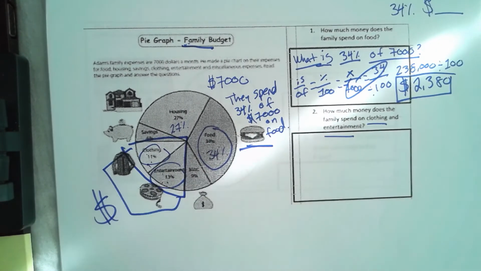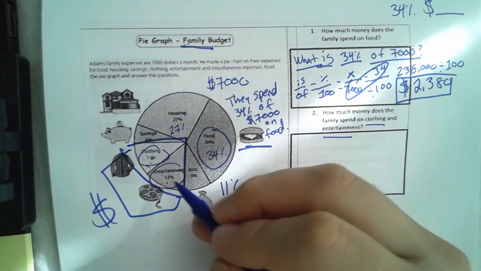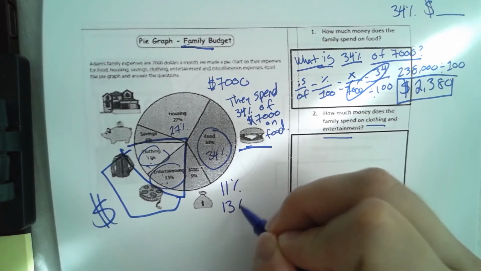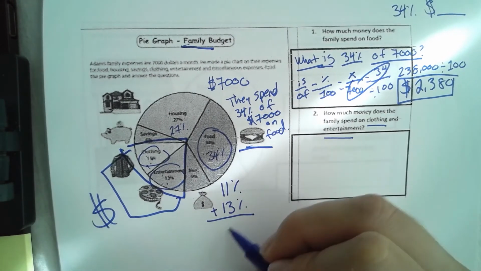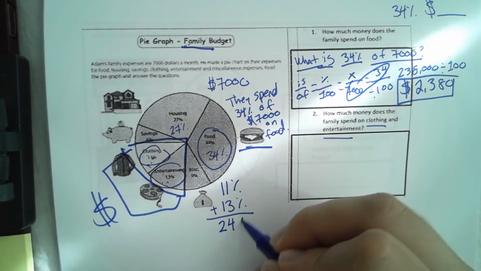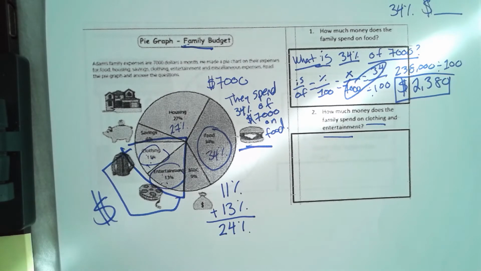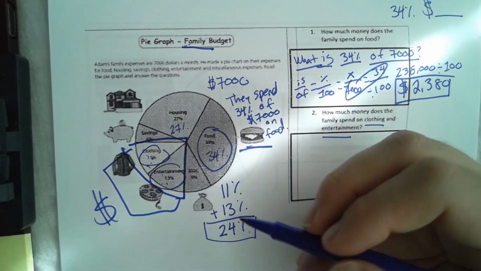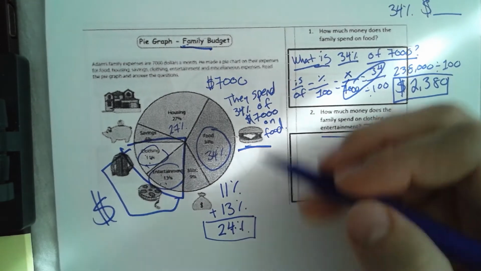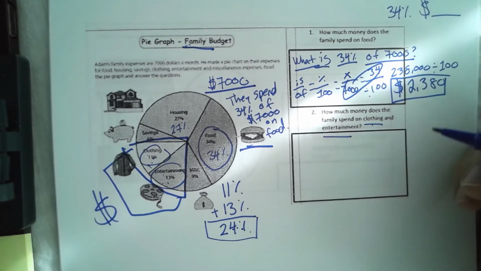I can add these together and see that clothing and entertainment together is 24%. That means that they spend 24% of $7,000 on clothing and entertainment.